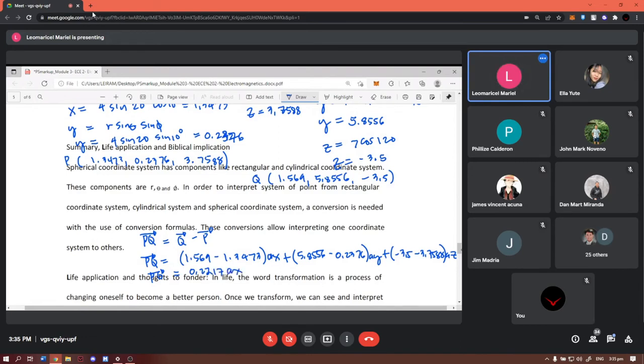Then plus, what is 5.8556 minus 0.2376? 5.618 AY. Minus, magiging minus na to, no?